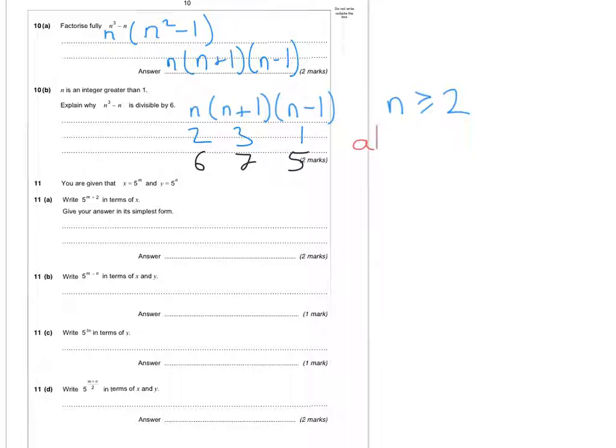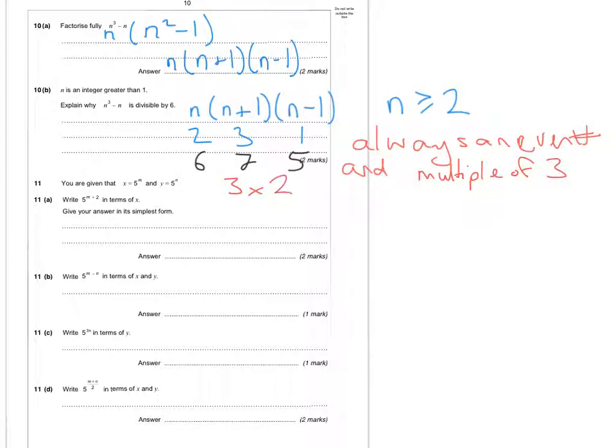So always one even number, and always a multiple of 3 in any 3 consecutive numbers. So we will always have a multiple of 3 times a multiple of 2, which is going to be a multiple of 6.